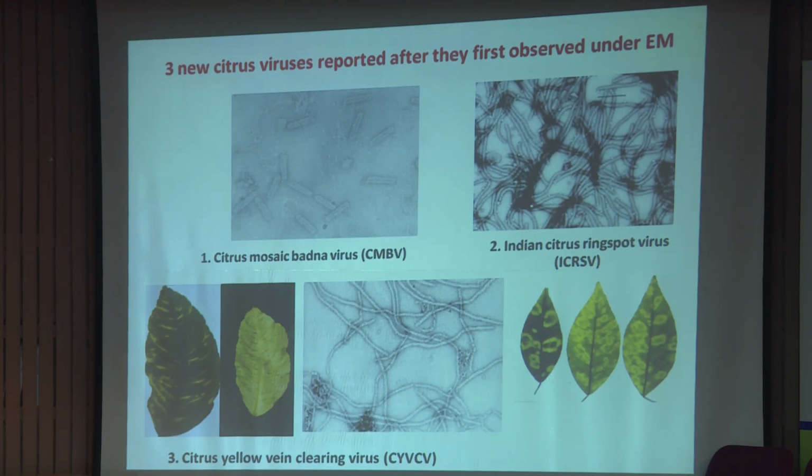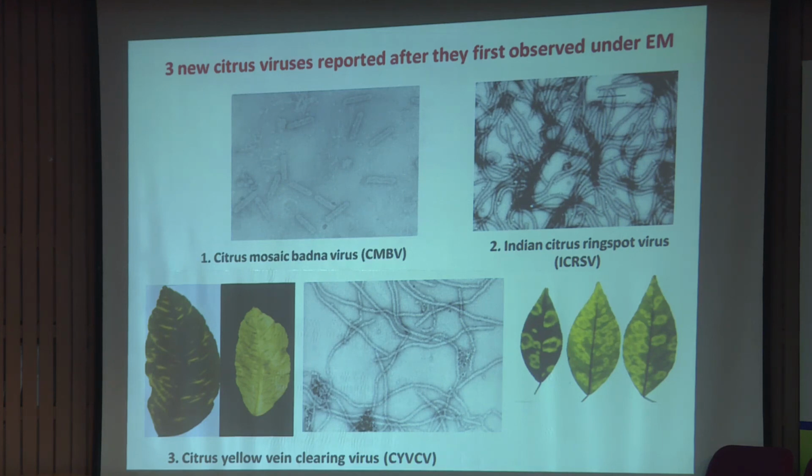And the symptoms are these chlorotic rings, yellow rings. And another virus, this citrus yellow vein clearing virus. In the lime tree, you can see the vein flecking symptoms, yellow veins on the leaf.